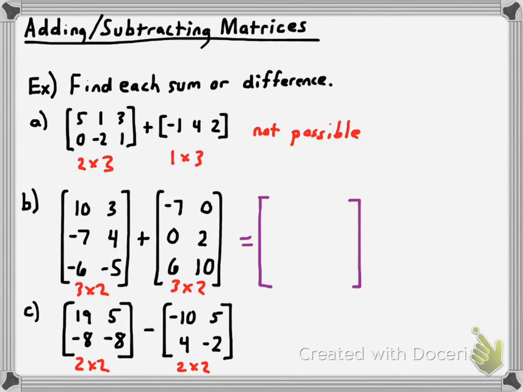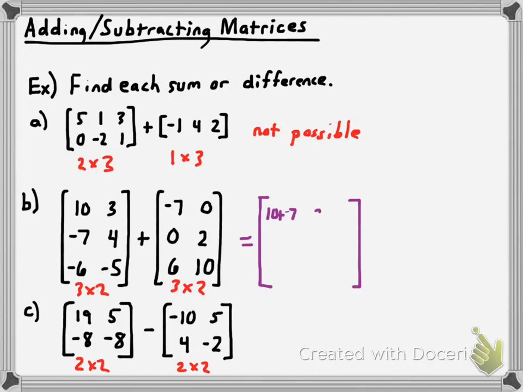Now, when the addition or subtraction is possible, here's how you do it. You simply add or subtract, depending on what you're doing, the elements. That's what each individual number in a matrix is called, an element. You add or subtract the elements that are in corresponding positions with one another. So for instance, if I want to get the first row, first column element in my sum matrix, I'm going to add the first row, first column with the first row, first column. We're going to do 10 plus -7.